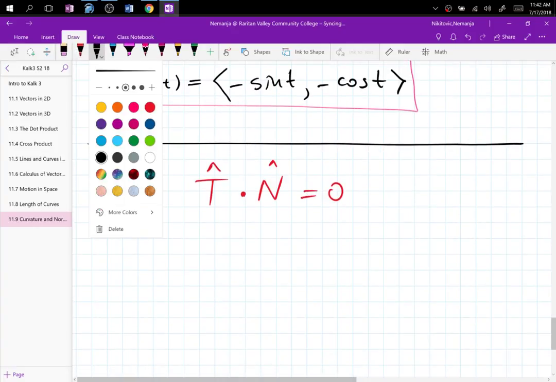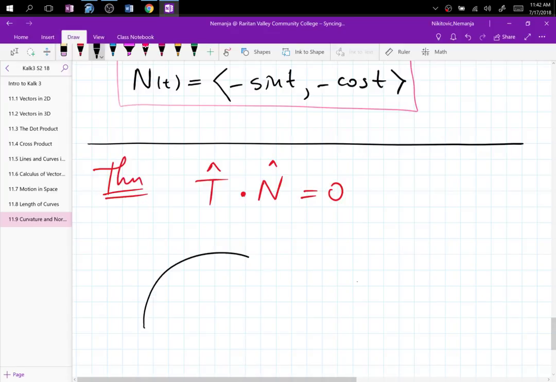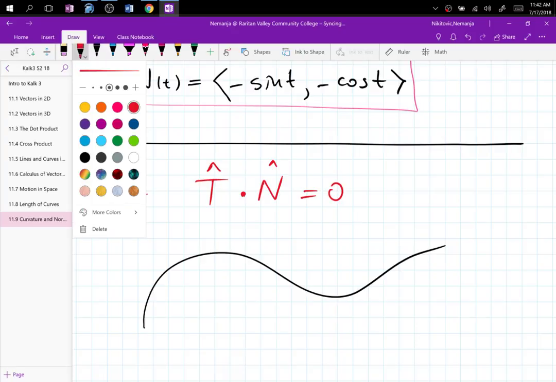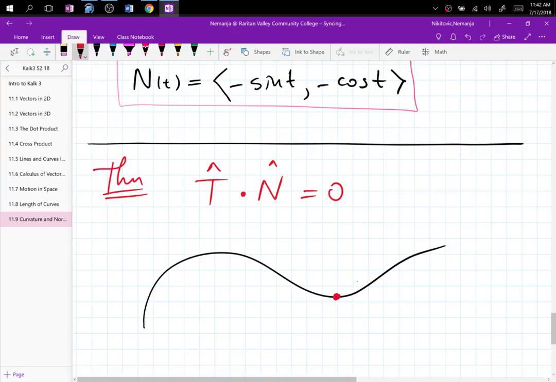Yes, so we are going to now have a curve over here, and at this point P, we're going to have our unit tangent vector, and the unit normal vector is going to point inwards.